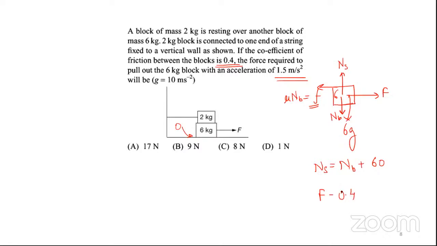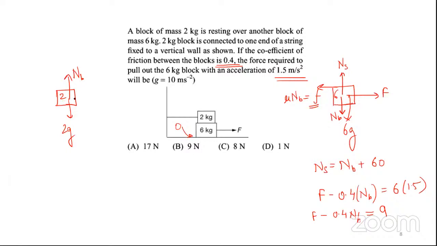So this is 0.4 into NB, that is mass into acceleration. Acceleration is 1.5. So that comes out as F minus 0.4 NB equals, what is 6 into 1.5? It is 9.